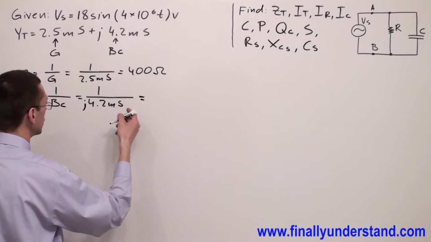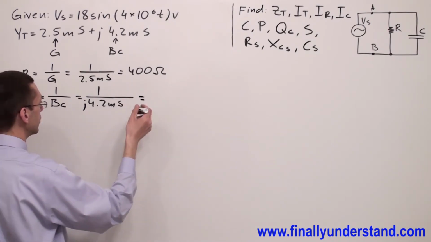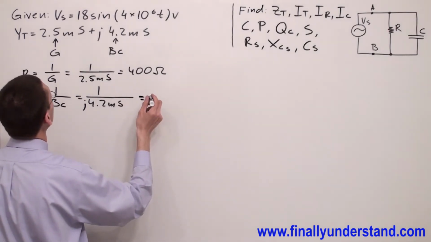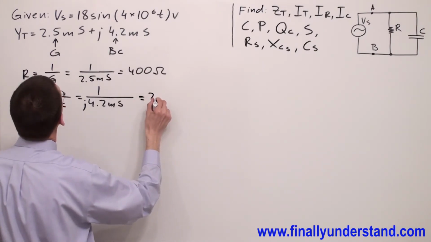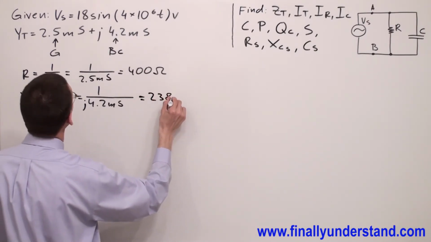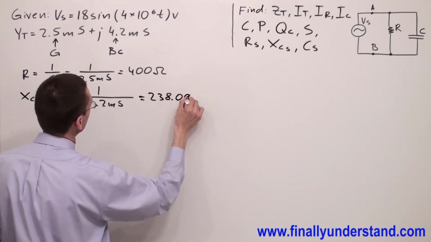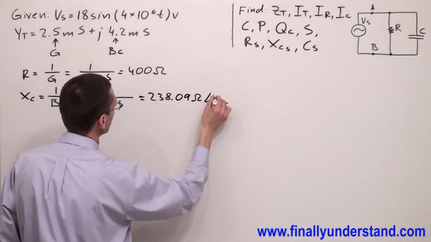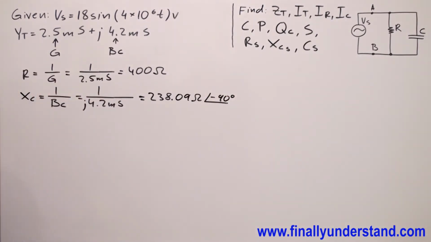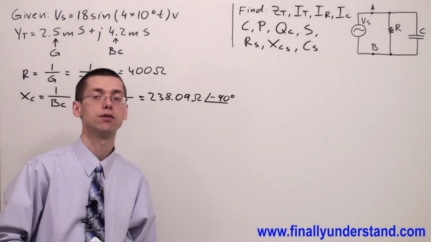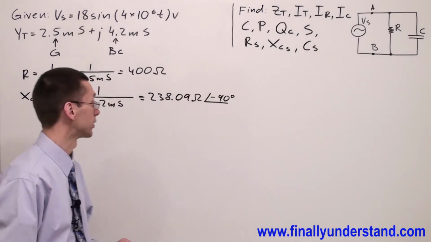I want to get my answer in polar form, that's why I'm going to get the angle. So I have X of C is equal to 238.09 ohms and angle of negative 90 degrees. So I found the resistance and found the capacitive reactance.